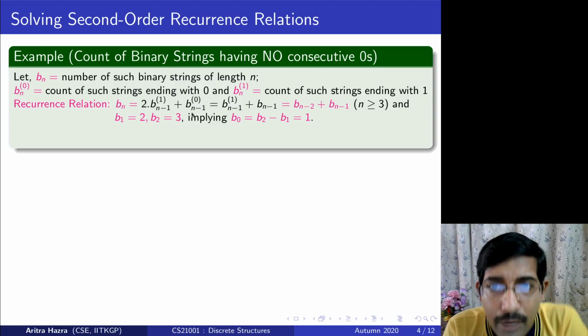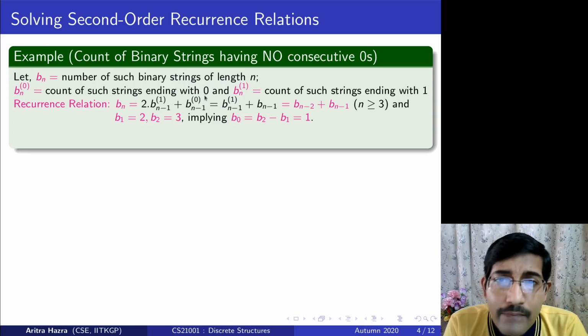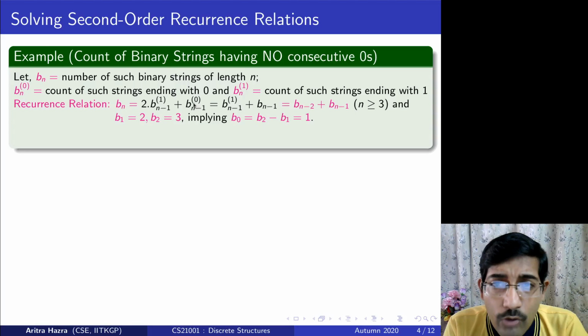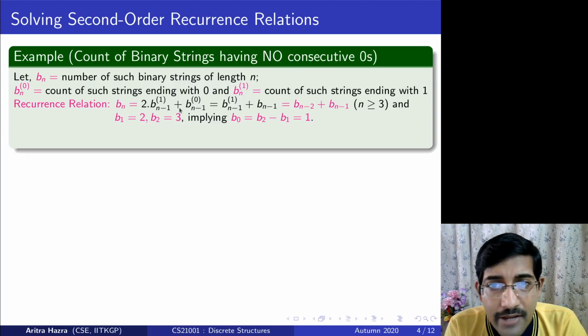Whereas for the strings having no consecutive 0 in n minus 1 length ending with 0, only a 1 can be placed to form the new string. So every such string contributes once. So Bn minus 1 ending with 0 contributes once. So this is my recurrence.